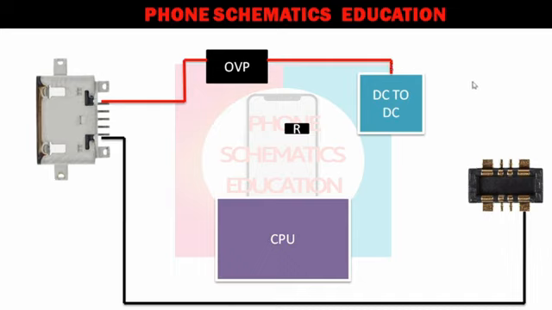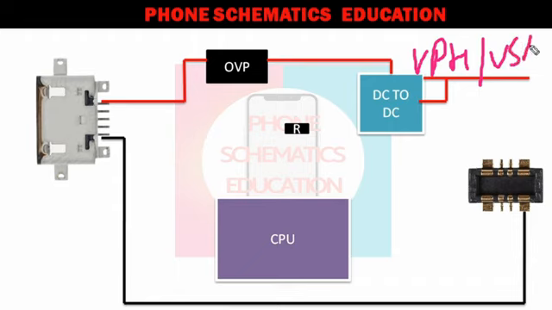After this, through the DC to DC IC, a line is formed called VPH, right? VPH in Qualcomm, V system in MediaTek. This line goes to your audio IC, power section, network section, Wi-Fi, Bluetooth, graphics section, light section.